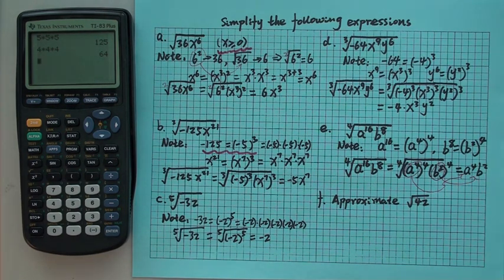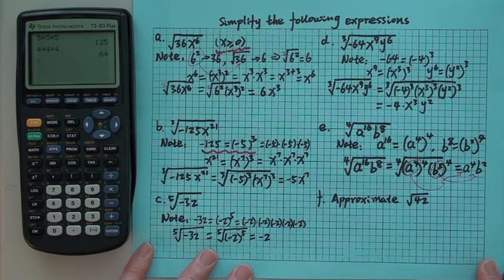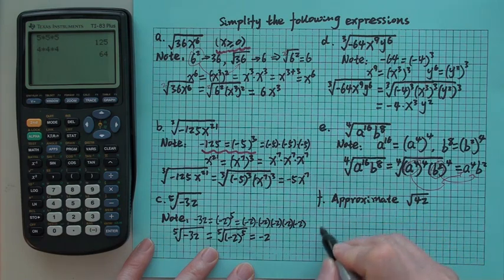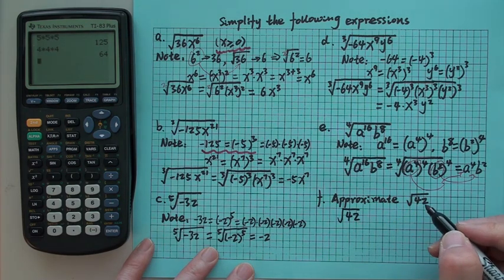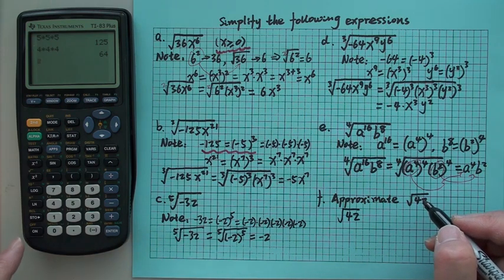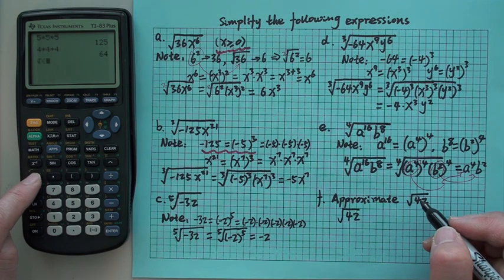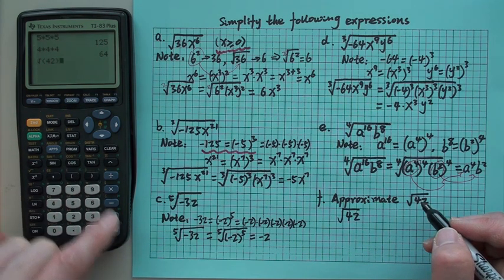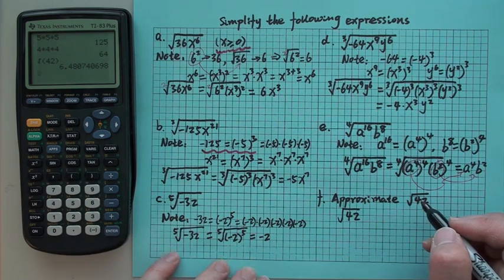Now the last one you want to do is use the calculator. So radical 42, we have a calculator here. You want to do square root of 42, close parenthesis, hit enter, you have that.